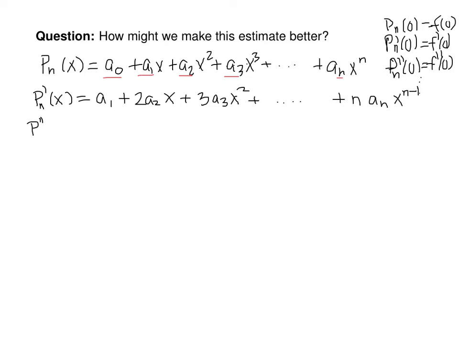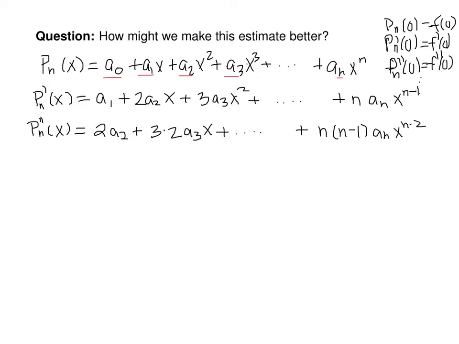The next derivative will equal: a1's derivative is 0. The derivative of 2a2x will be 2a2 plus 3 times 2a3x plus etc. The last term will be n times n minus 1 a sub n x to the power of now n minus 2.